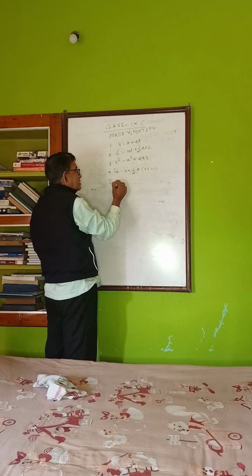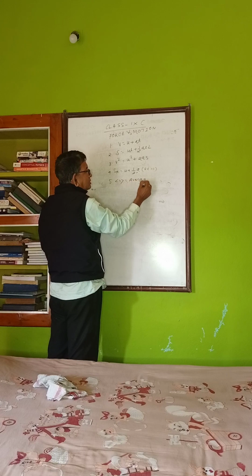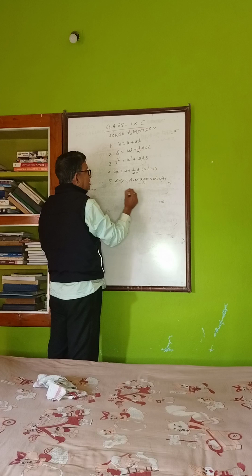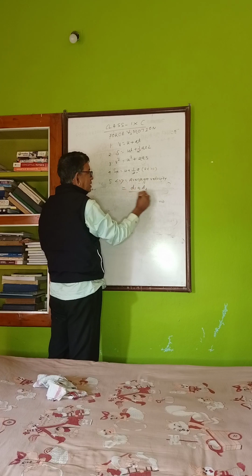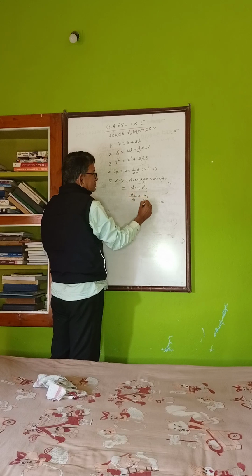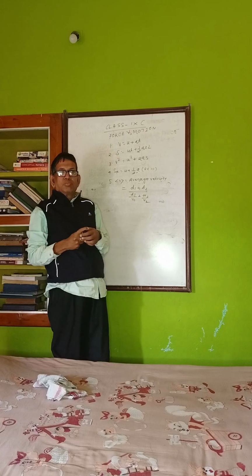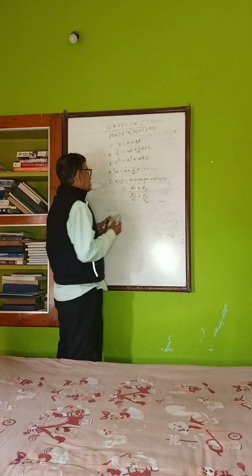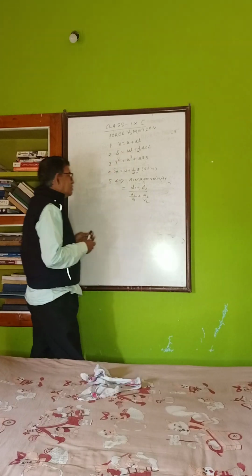Next, average velocity is equal to total path by total time. These 5 equations are very important for this chapter force and motion. Let us remove. After that, I am considering some simple numericals.